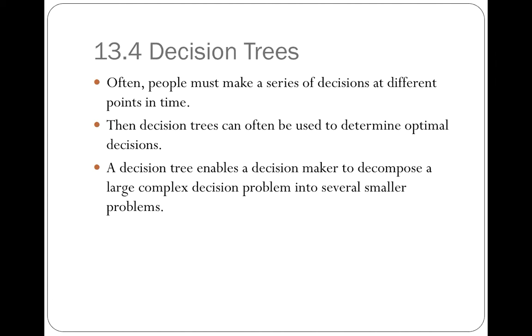So in that scenario, at any point in time when you want to make a decision, you need to think about all possible scenarios that can happen in the future and take them into account in your current decision making. Decision trees are great tools to help us with that complex scenario and help us to find the optimum decisions that potentially can be made.